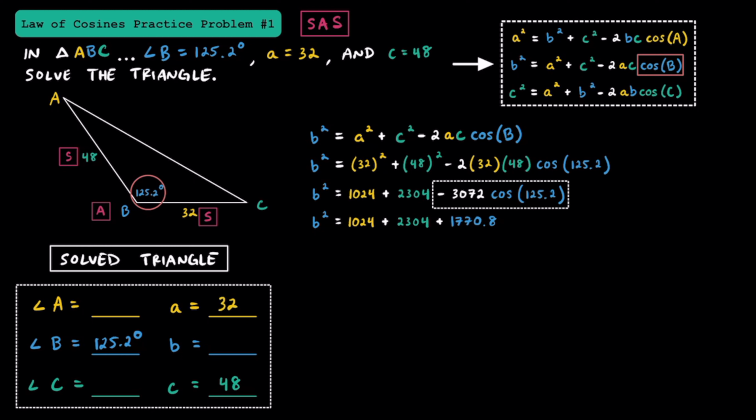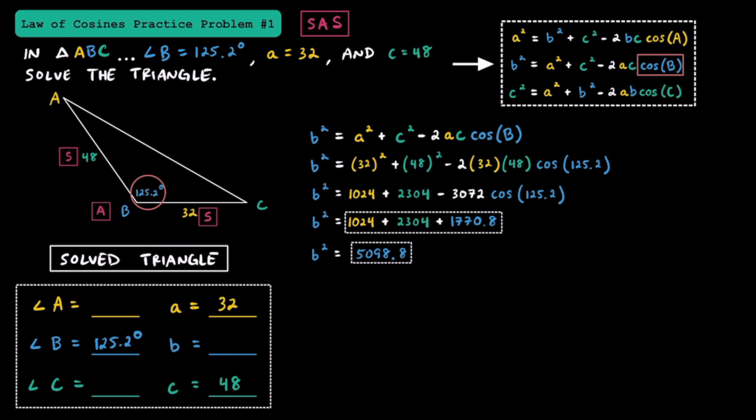Then multiplying this negative 3072 by cosine of 125.2, we get positive 1770.8. Combining everything together on the right side, we should get 5098.8, and taking the square root of both sides, we should find that b is approximately equal to 71.4, and we can write that right over here.